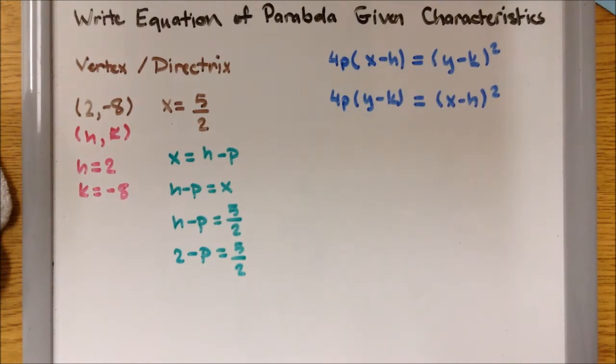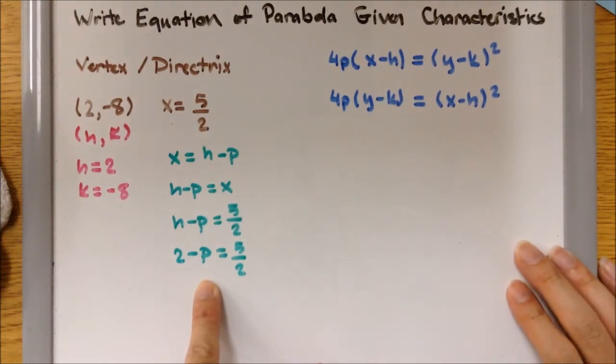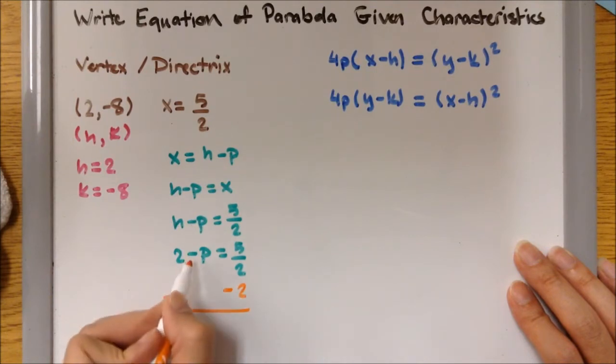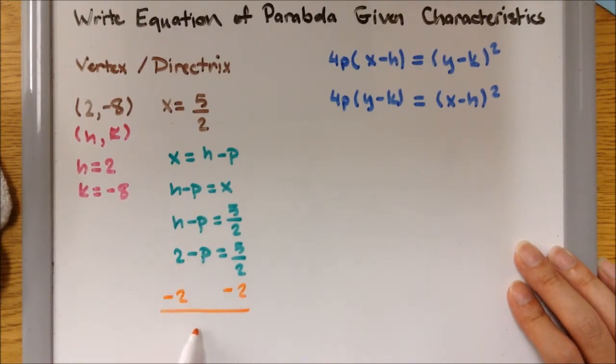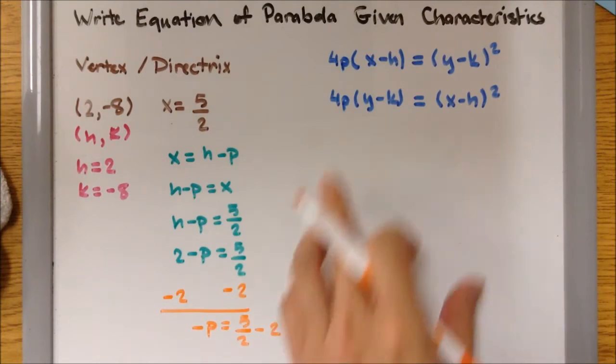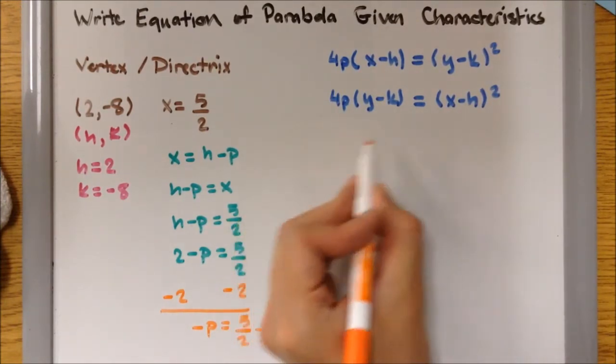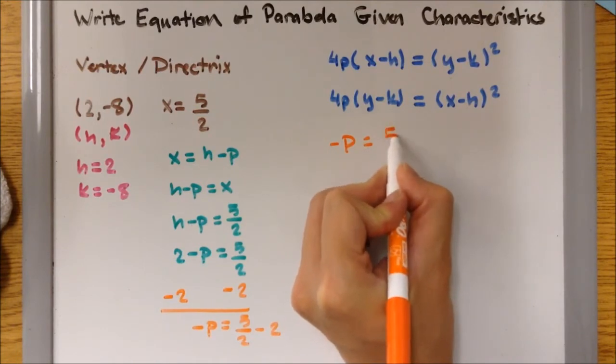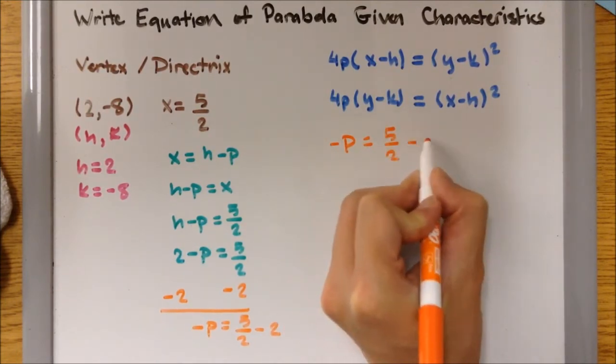Next, in order to solve for this p value, I'm going to cancel out this 2. So subtract 2 on the left, subtract 2 on the right. Now this is minus p, that means it's going to be negative p equal to 5/2 minus 2. So I'm going to write right here, negative p equal to 5/2 minus 2.